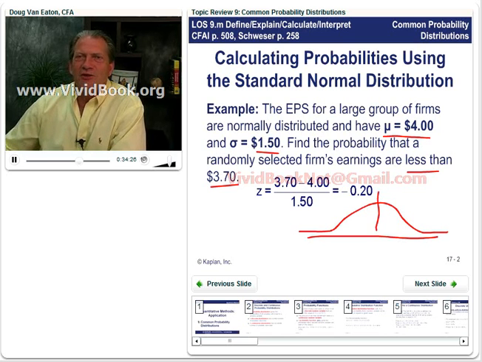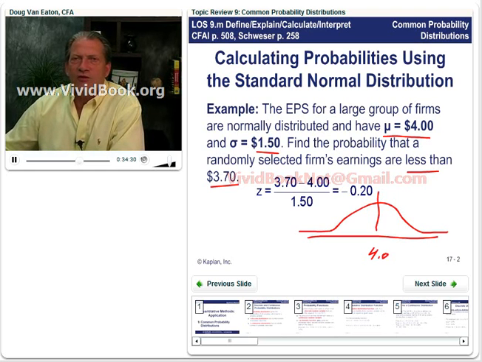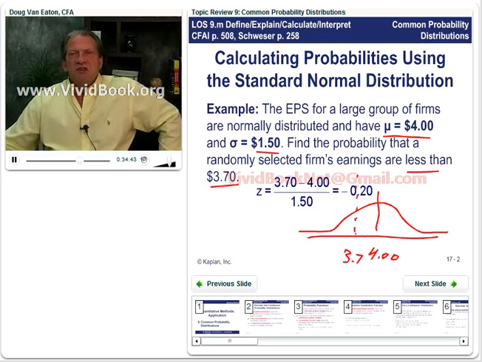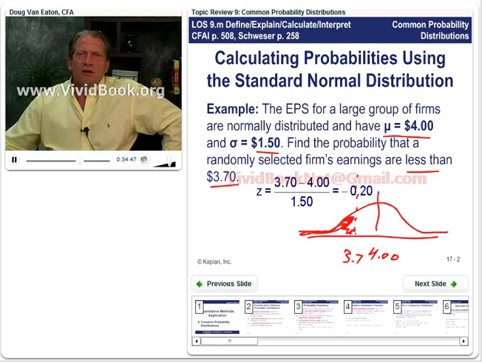Okay, so there's our mean, 4, and we've got our number, 3.7, and we're asked to find the probability out here. Well, there's a couple ways we can do that. We can look that up on a negative z table, and if we looked up the value on the negative z table for minus 0.2, we'd find out the probability of being less than that.